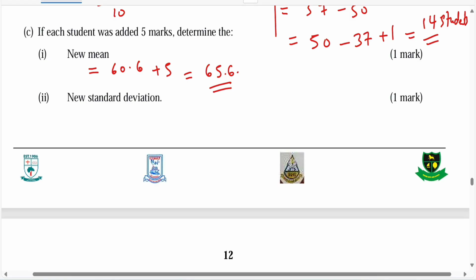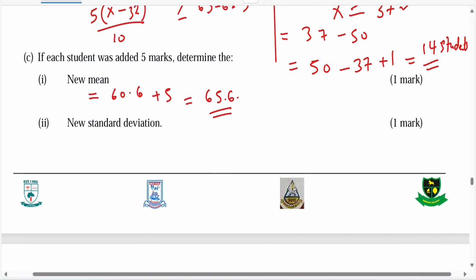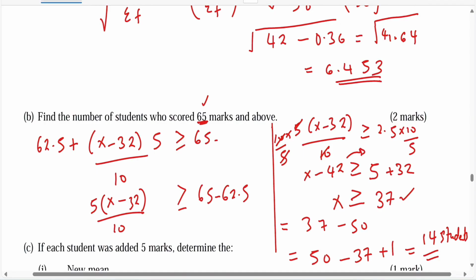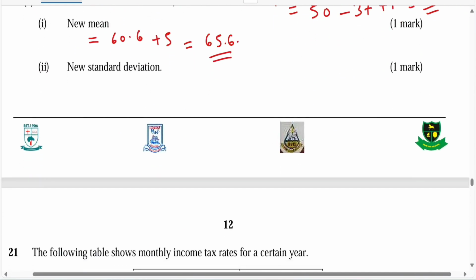Our new standard deviation, nothing will change because each student was added 5 marks. So the variation still remains the same. So our standard deviation also remains the same. Your standard deviation will be 6.453. Nothing changes. So 6.453, and that is your answer.